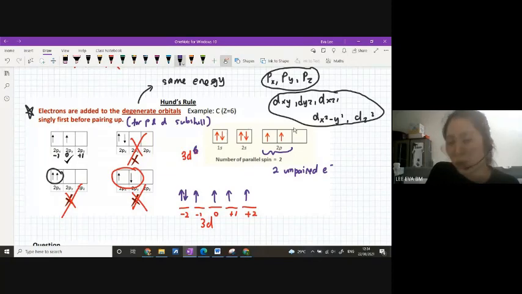But this one is to show you about Hund's rule, how to fill the electrons according to Hund's rule. Kalau Pauli tak ada direction yang sama, kalau Hund's rule dia mesti singly before pairing up, tapi hanya untuk p and d subshells only. Sebab 1s satu orbital saja, so dia tak ada singly first before pairing up.